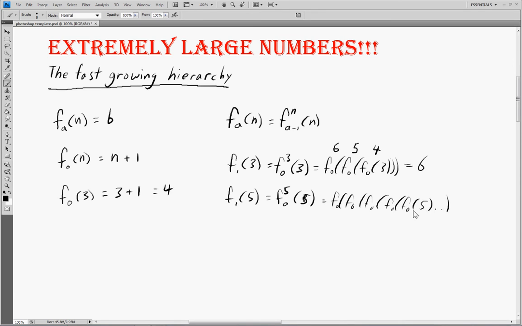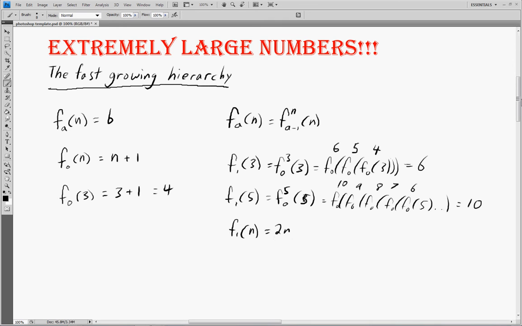We take f sub 0 of 5, which is equal to 6. We go 7, 8, 9, 10. So we can see what's happening here. What the f1 function does is it takes the number and doubles it. So let's write down a generalized formula for the f1 function. f1 of a general n is equal to 2n.